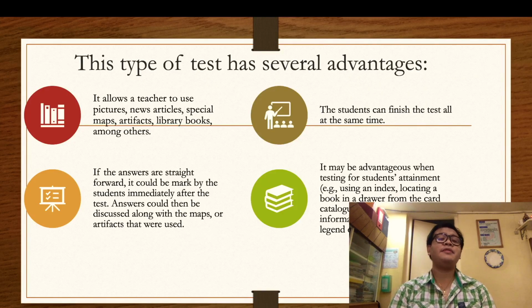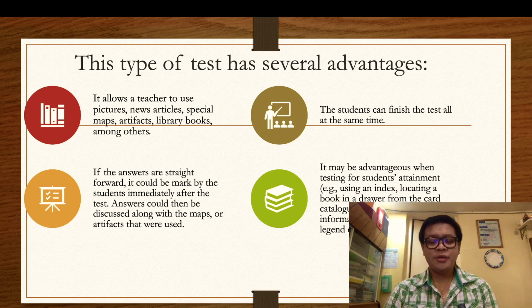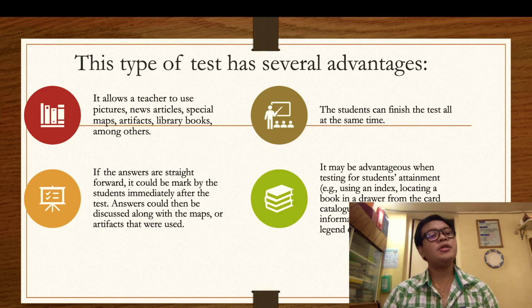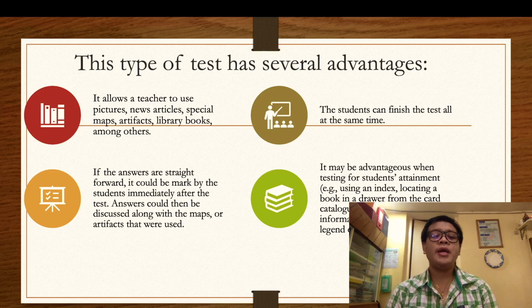So these types of tests have several advantages. Number one, it allows a teacher to use pictures, news articles, special maps, artifacts, library books, among others. Second, students can finish the test at the same time. Third, if the answer is straightforward, it could be marked by the student immediately after the test.